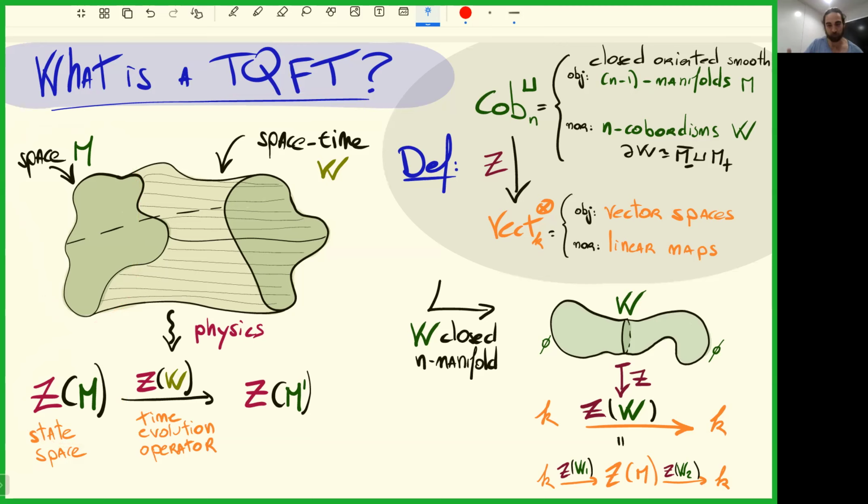And so a point in there describes a physical state of my system. Now that's not a vector space, but if you're doing quantum, then maybe you want some wave function in this form of vector space.